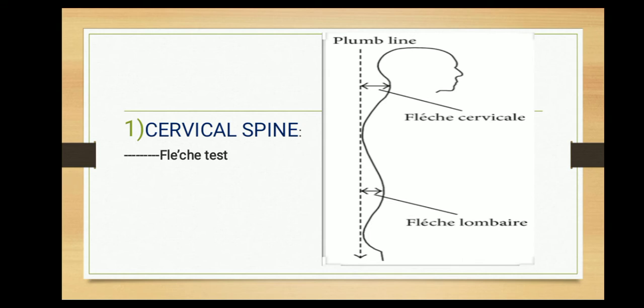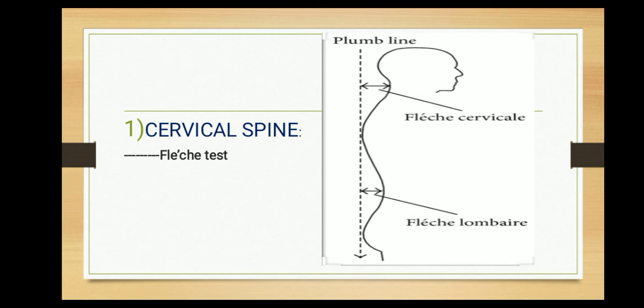The patient stands with his heels and back against the wall and tries to touch the wall with the back of his head without raising the chin. Inability to touch the head to the wall suggests cervical spine involvement and cervical spondylitis.